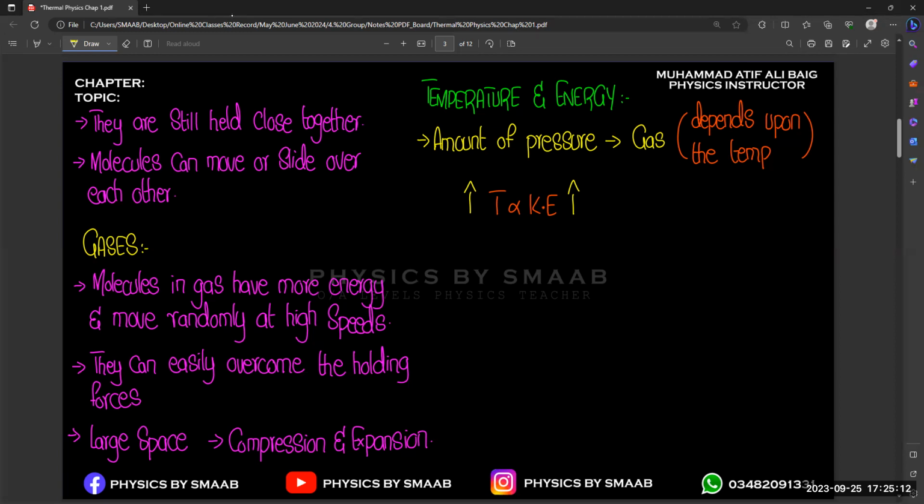But if we consider the reverse process, moving towards negative temperature, decreasing temperature, is there any temperature at which the motion of the particles will become completely or almost equal to zero? It means they will no longer be moving. Yes, there is.